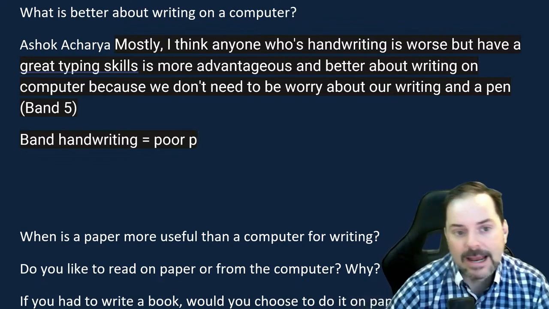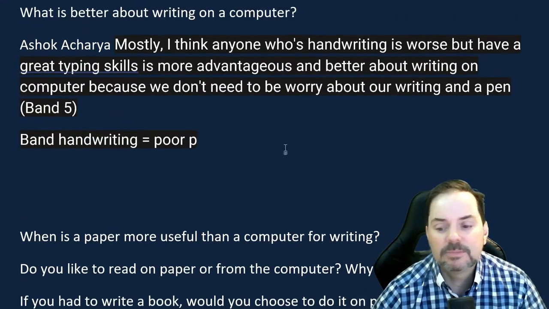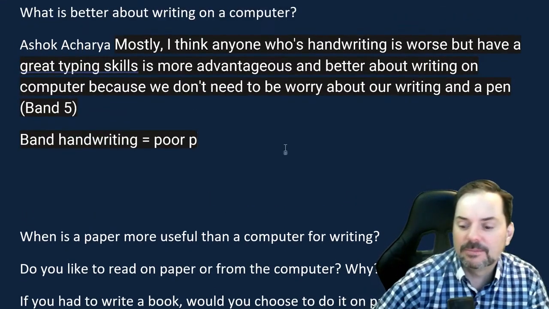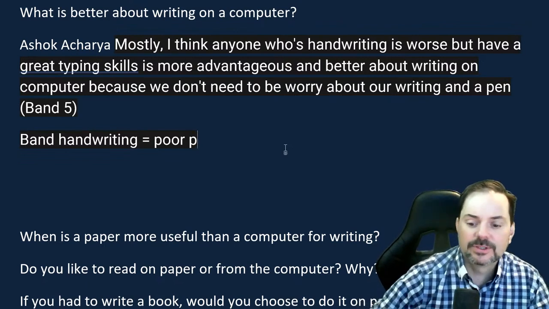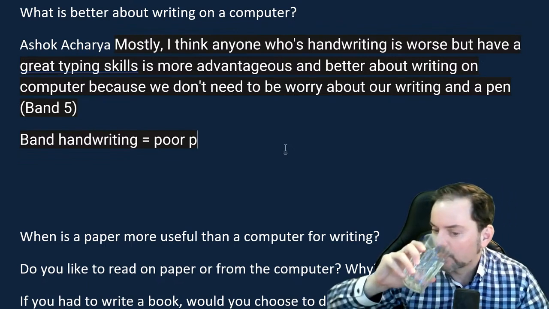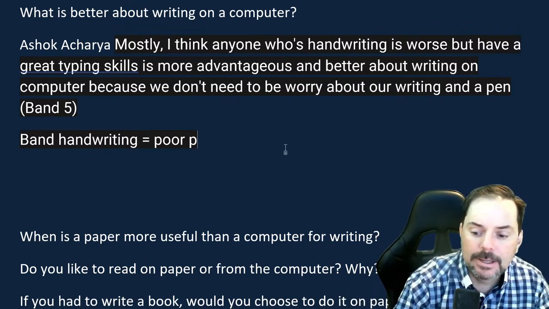It's about good grammar and good fluency as well. So poor starts with a P. Let's see if anybody knows this word. It's a nice word to know. It's called poor penmanship.